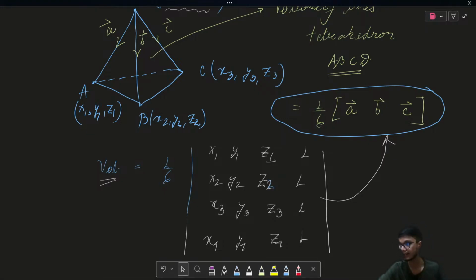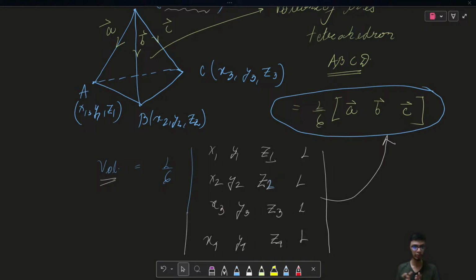So once these results are clear, now we are in a better position to start the discussion of the actual chapter. From today onwards, we are going to start with the most important part of this lecture, that is going to be the straight lines.